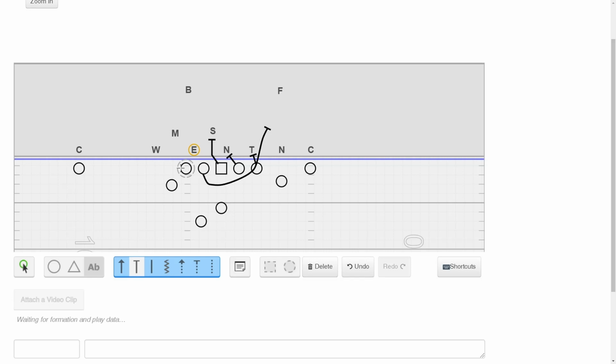Pull check, pull check, pull check. Lateral movement by the QB widens the path of anybody working from the second level. And we sneak the ball in behind.